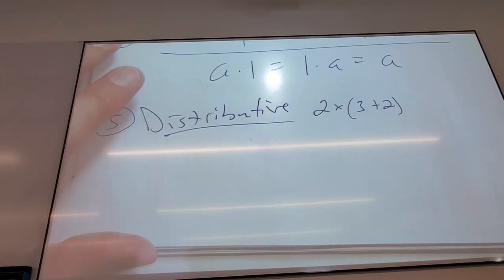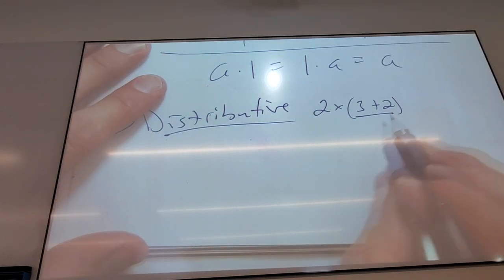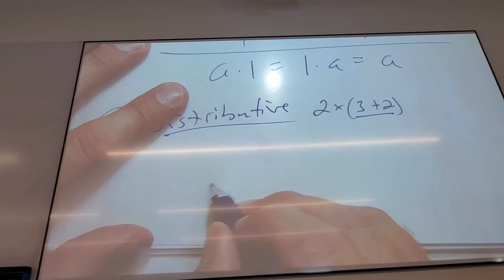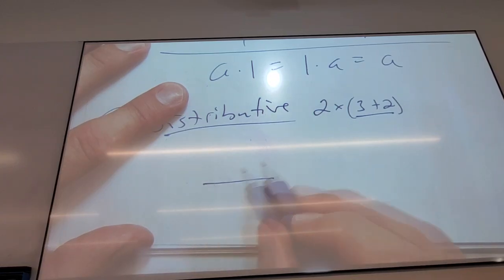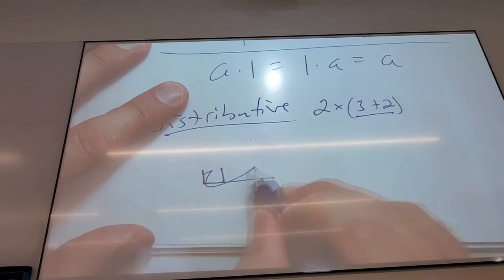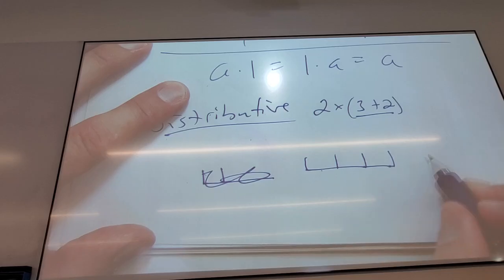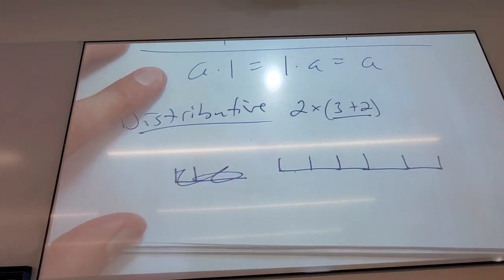So what do you guys think I could do here to do this? So like, how do I do 3 plus 2? If I do 3, 1, 2, 3, plus 2. I'm doing this weirdly, but you'll see why.